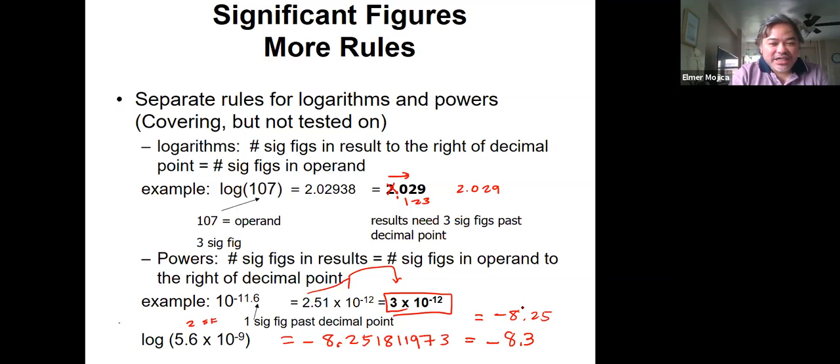Does it include the 8 or not? Right of the decimal place. So that means the 8 is not included. So the answer there is this one. Is that clear? Question.